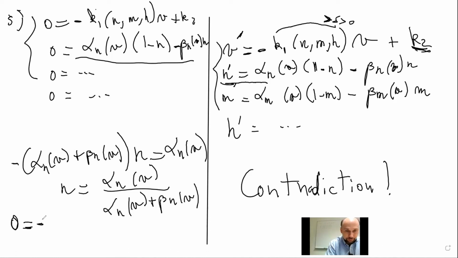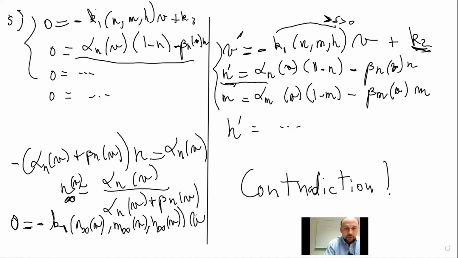And we used to write it like that, n infinity of v. And so I get this expression, plus K2, so K2 also depends on n, m, and h, equals 0.